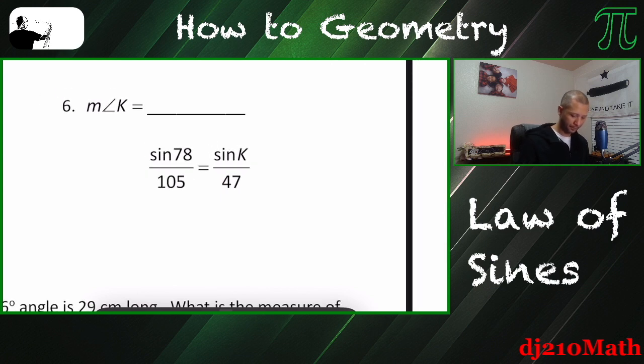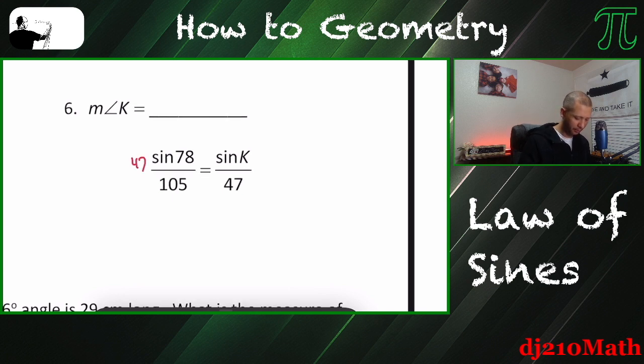All right, another one. Again, we're solving for capital K. So I got to multiply both sides by 47. That's going to go away. Then I got to take the inverse sine of both sides. Essentially, that's going to go away. So K by itself is equal to this thing on the left.